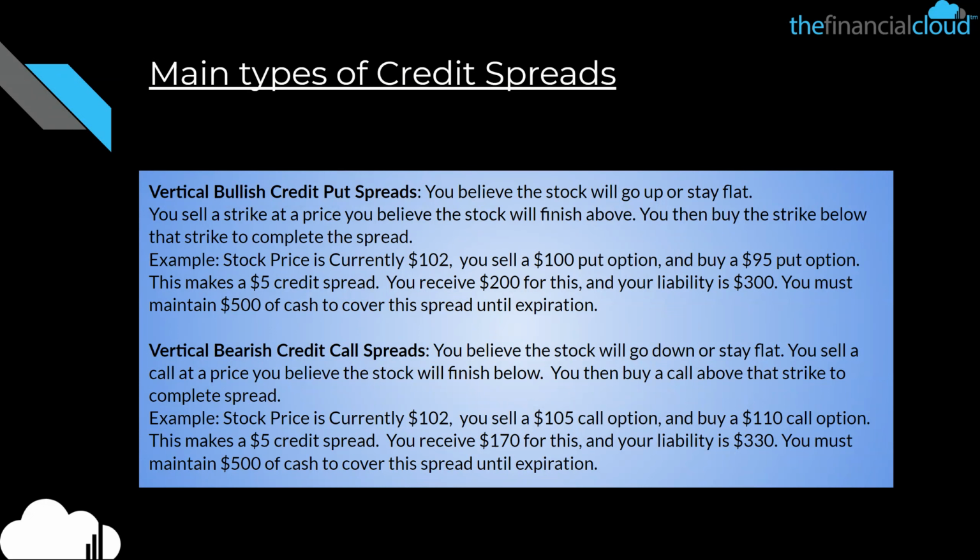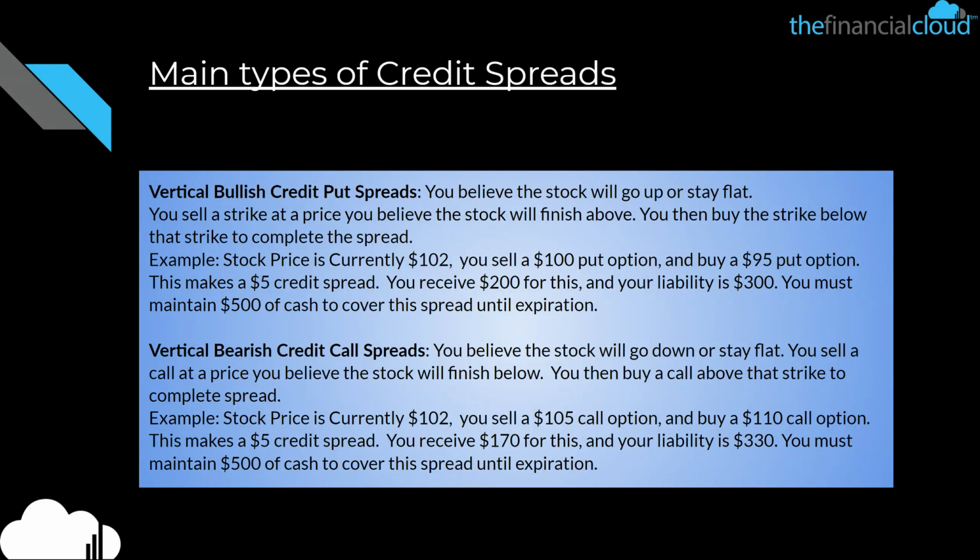You potentially receive $200 for this, thus making your liability $300. You must maintain $500, which includes the $200 you receive, and then the additional $300 to cover that $5 spread. Thus, you must maintain $500 worth of cash to cover that.